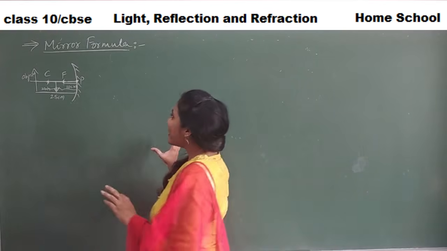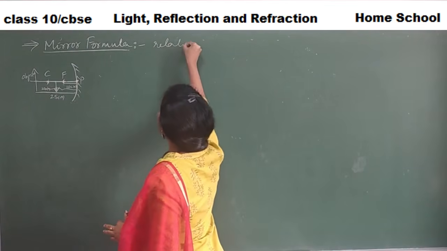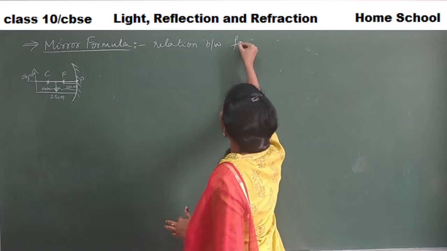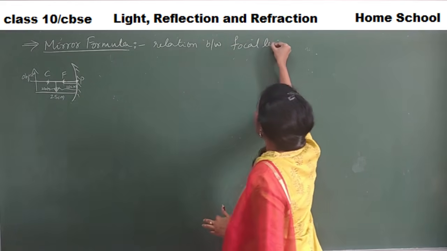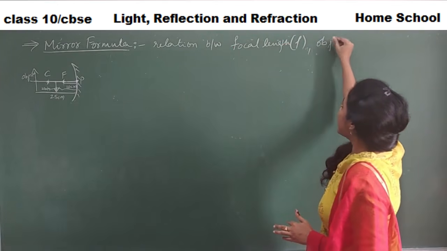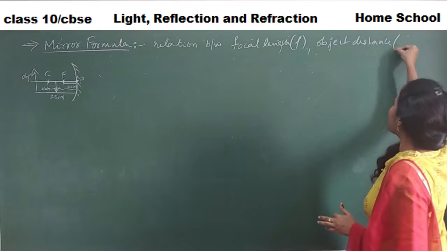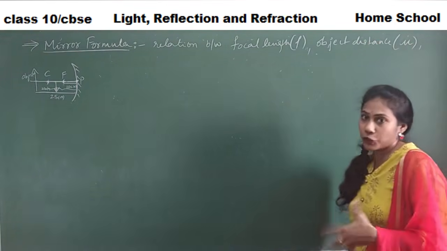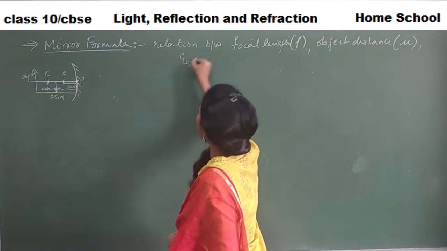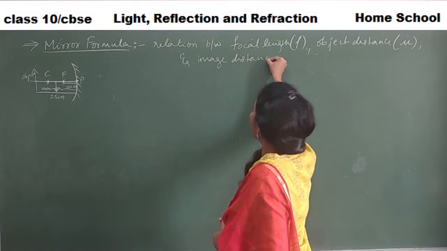So what is this mirror formula? It is the relation between, this is very important, focal length f, object distance u, which we discussed in the last class, and image distance v.